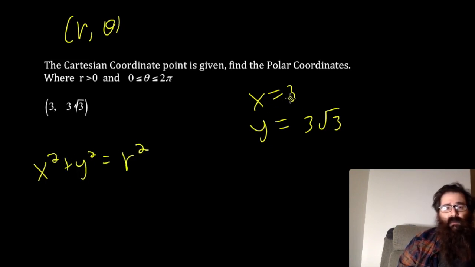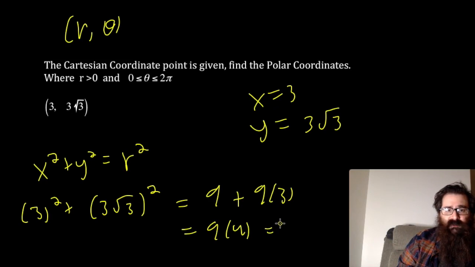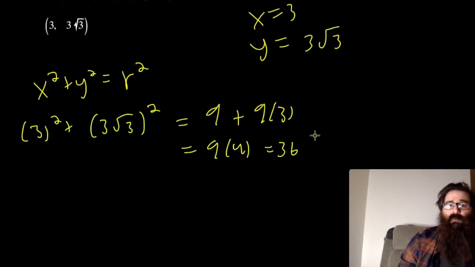And so, okay, well, let's square what we have and sum it. So that would be 3 squared plus 3 times square root of 3 squared, which what would this be equal to? Well, 3 squared is 9 plus here I get 9 times 3, or that this is really 9 times 4, which is 36. So I get that r squared is equal to 36.